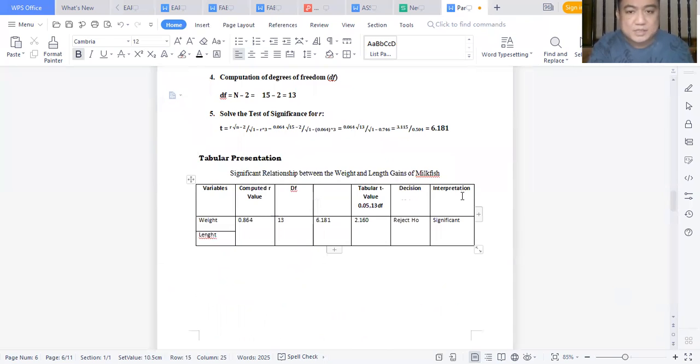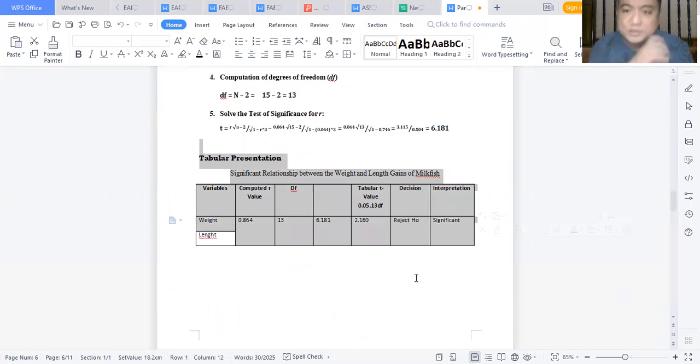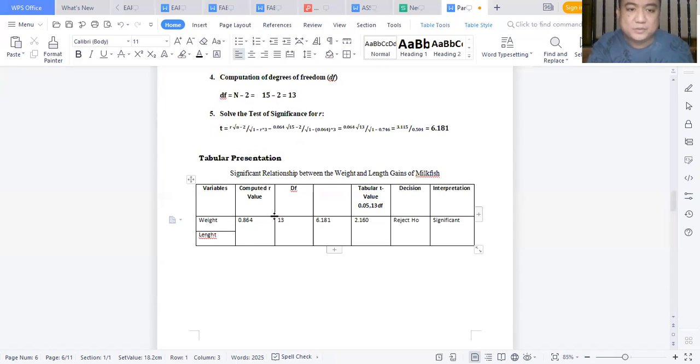So this is the tabular representation of the data we gathered and computed. The degrees of freedom is 13, the computed r value is 0.864, the computed t value is 6.181, and the tabular t value based on the critical value is 2.160.